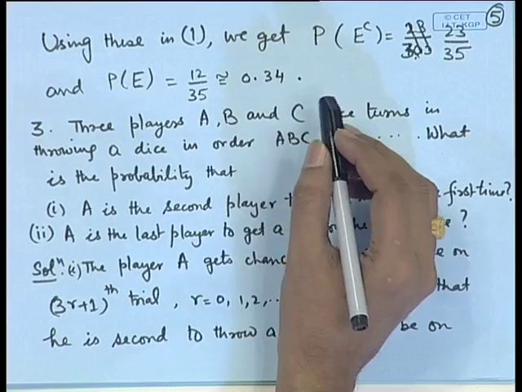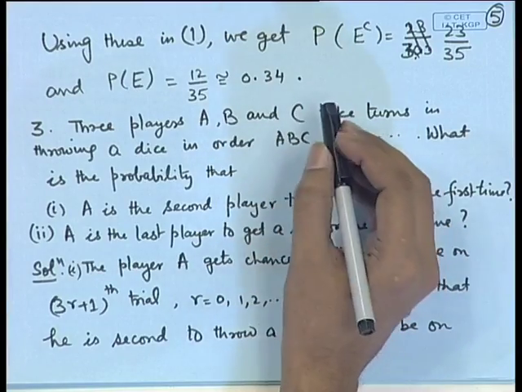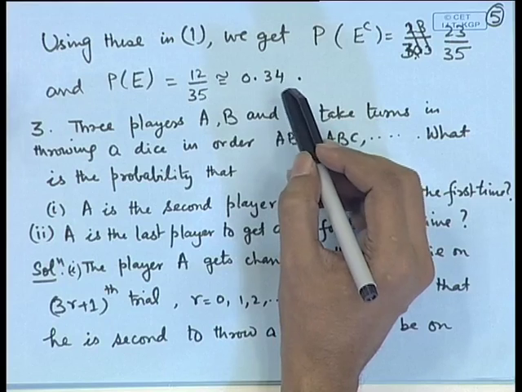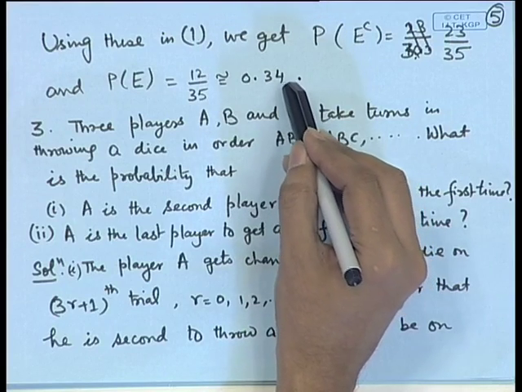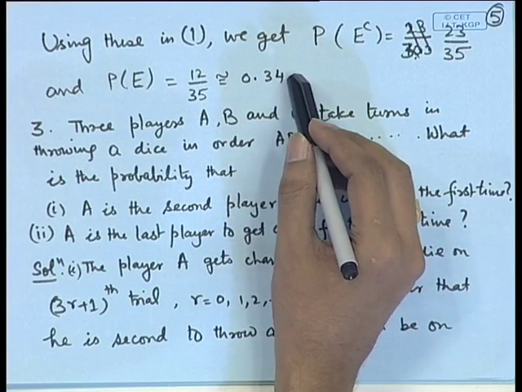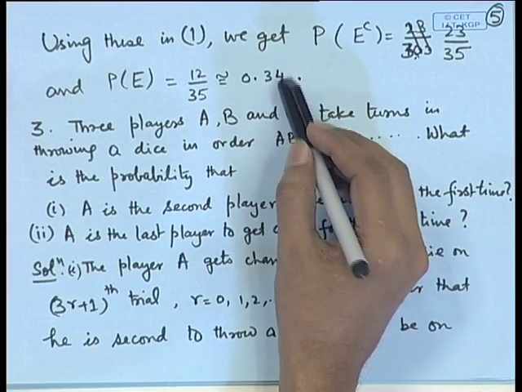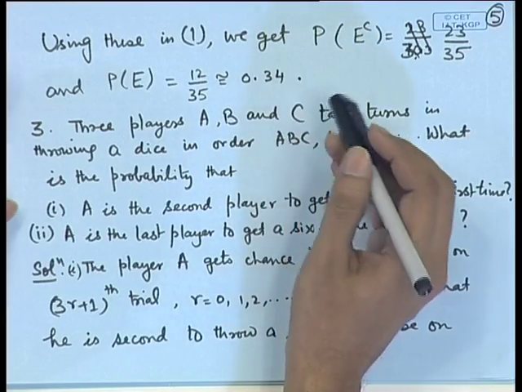That means, in a random arrangement of 4 couples seated in a row on a long table, the probability that none of the pairs are together is approximately 0.34, which is more than 1/3. So, which is substantially high.